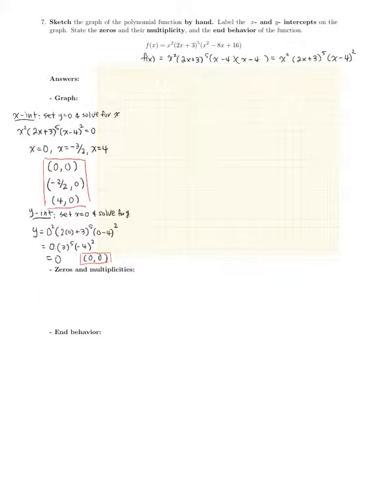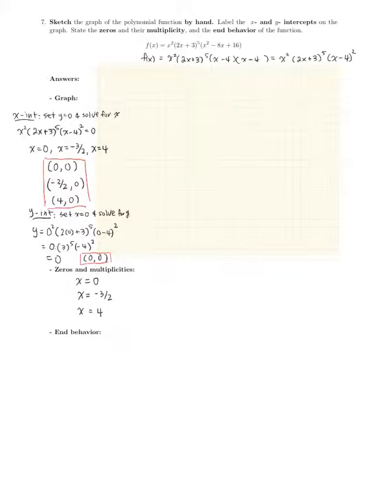Okay, so now let's go with the zeros and multiplicities. The zeros are x equals to 0, x equals to negative 3 over 2, and x equals to 4. Alright, now let's go back. For x equals to 0, we're looking at the factor x squared.